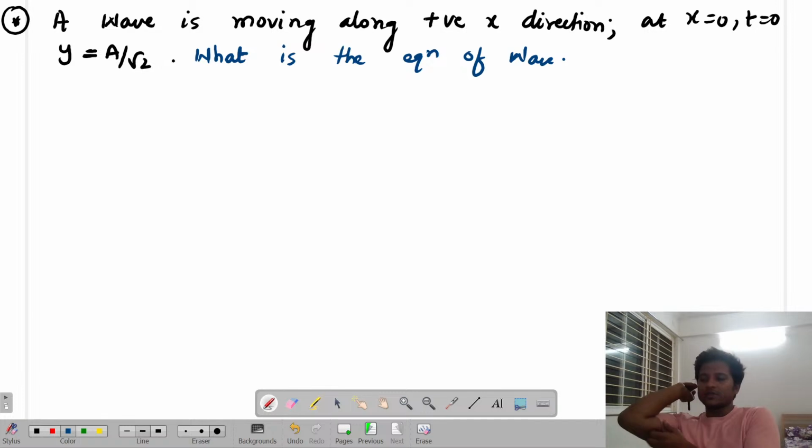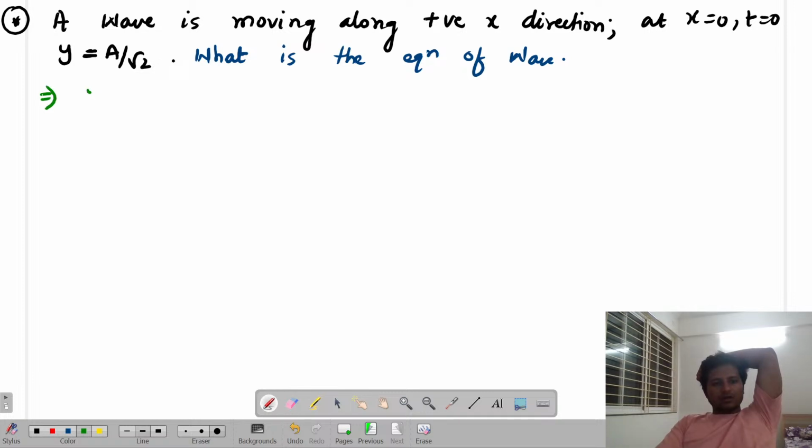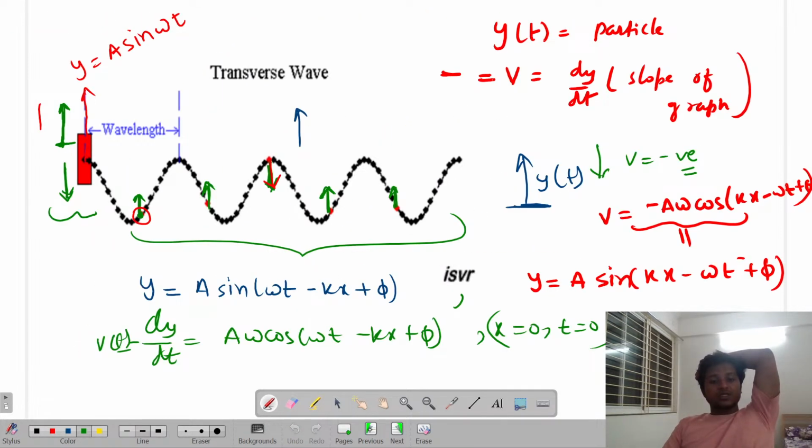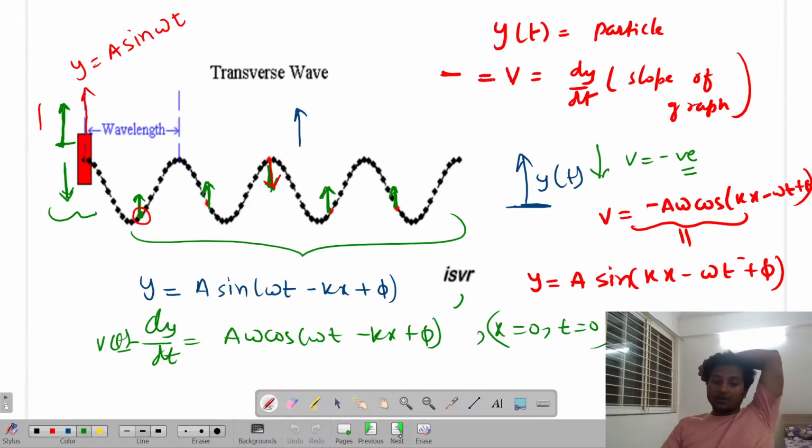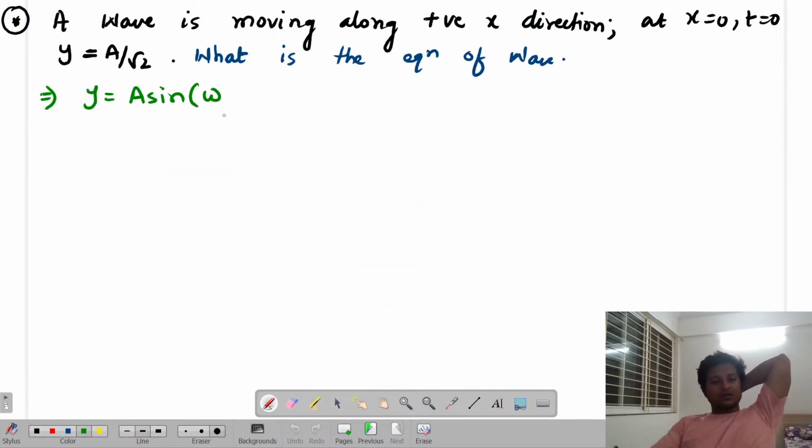Then tell me, what is the equation of wave? If they are not asking you the original equation, then you are basically following y is equal to a sine. If they are not asking about velocity and acceleration, if they haven't mentioned that the particle is going through kx minus omega t, then this is my normal equation: y is equal to a sine omega t minus kx plus phi.